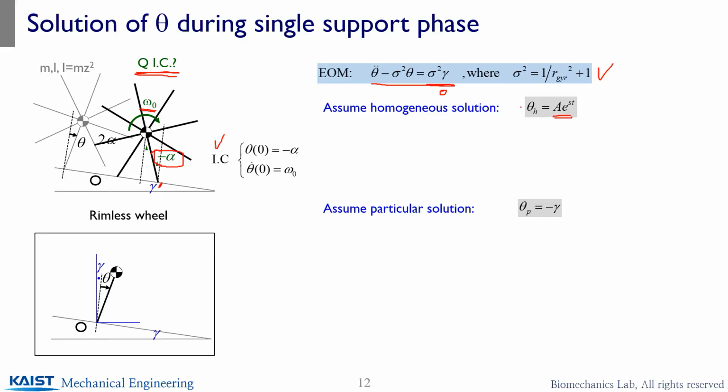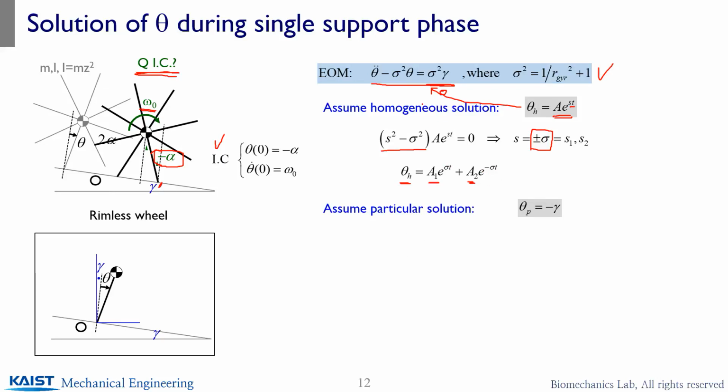And if you plug that into this homogeneous differential equation, what you get is s squared minus sigma squared turns out to be 0. So you can find the exponent for this homogeneous solution. The homogeneous solution is expressed by unknown coefficient a1 and unknown coefficient a2 with the functions e to the sigma t and e to the minus sigma t.